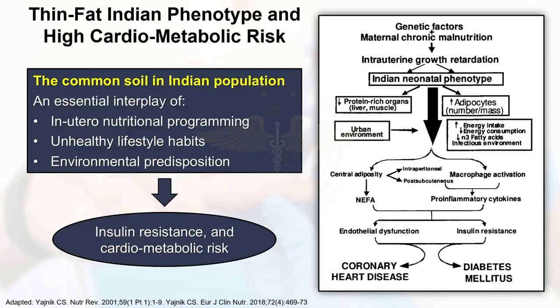And therefore, when we have an unhealthy lifestyle, the environment predisposes us, we have greater risk of insulin resistance, greater cardiometabolic risk, a higher incidence of IGT, obesity, and type 2 diabetes, and we develop all these 10 years before our Western counterparts. So we develop obesity more, we develop type 2 diabetes earlier, and we develop cardiovascular disease much earlier than our Western counterparts. And this is known as the fetal origin of adult disease.